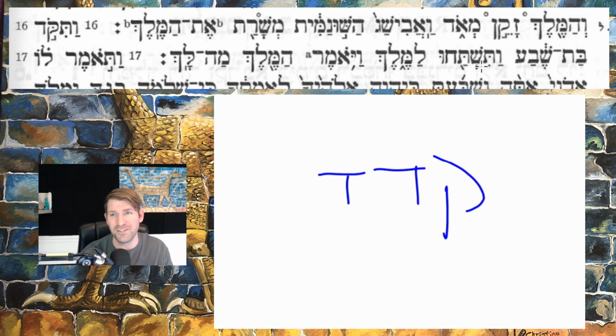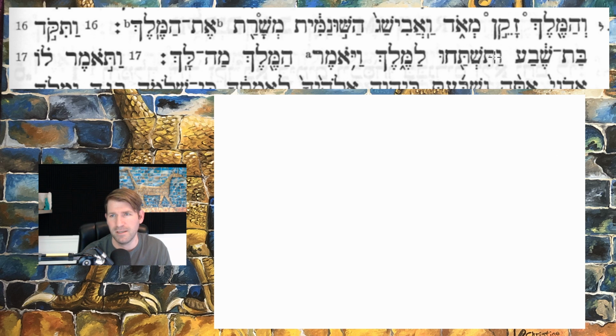So this is a Hishtafel form. I don't even know if it's worth going through the construction of it. Maybe we'll do that at a later date. I feel like it'll be a little too confusing, but it's from Chava. It's a Hishtafel form from Chava, and it means to bow down.